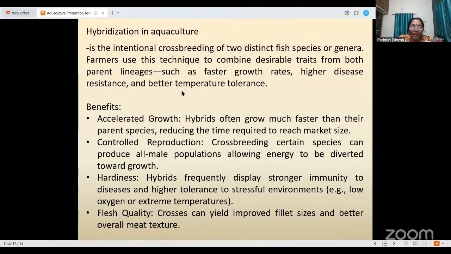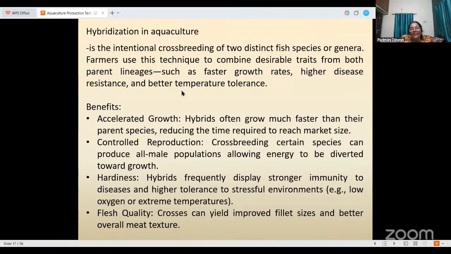You grow them in oxygen-less water, it will grow. You grow them in a crowded place, it will grow. You grow them with high temperature, low temperature, differences in salinity, they will grow. That's why it is called common carp, it doesn't care at all about temperature or whatever it is. So that is one example of a fish which can grow wherever you want to grow them.